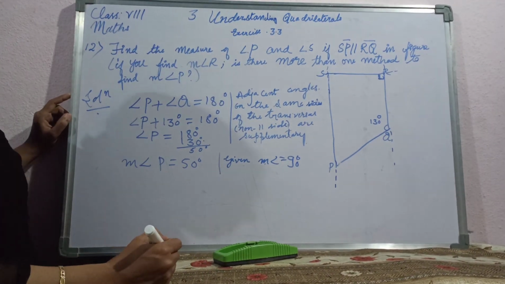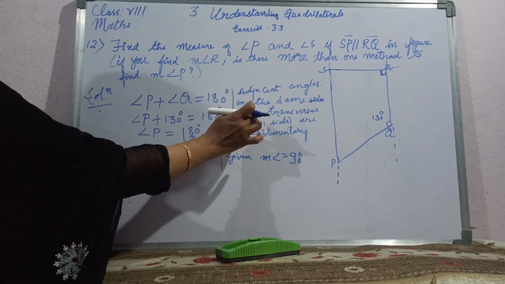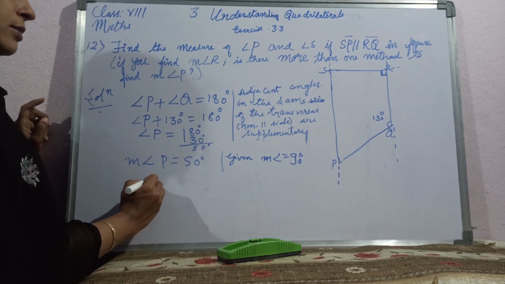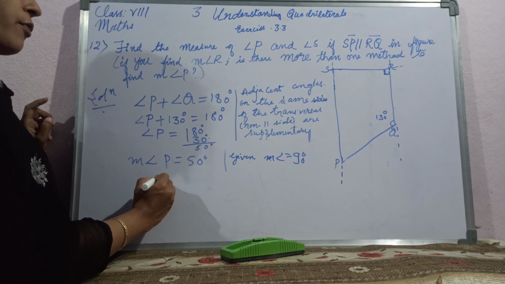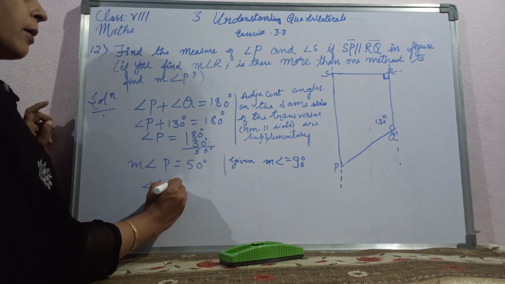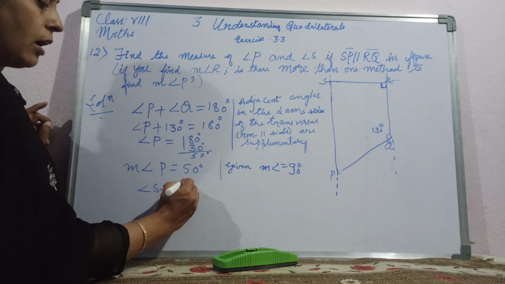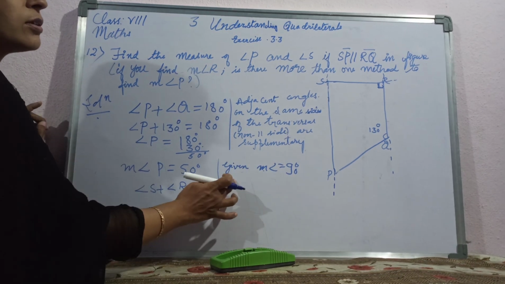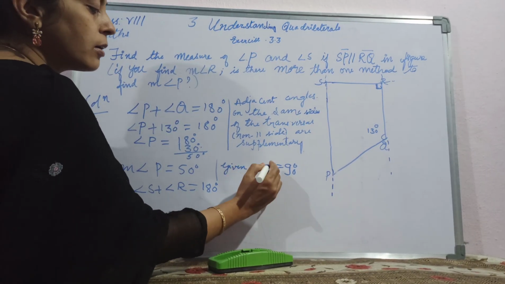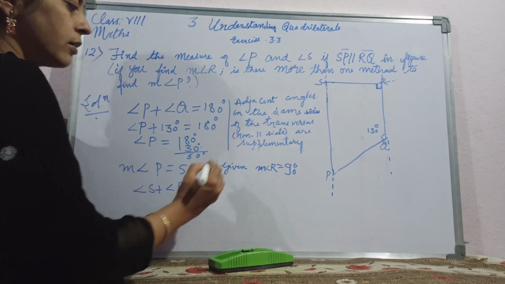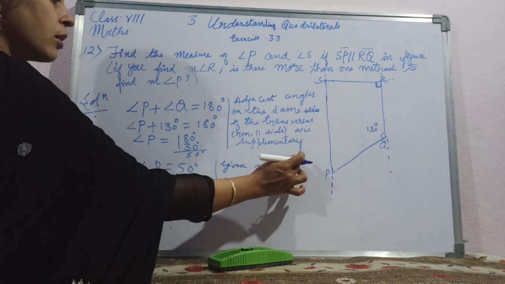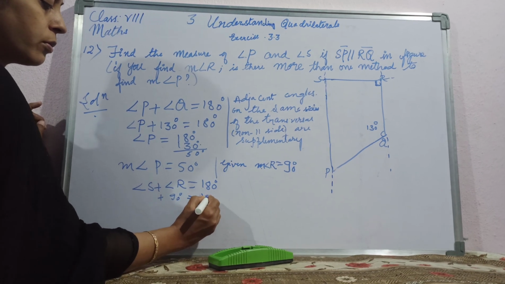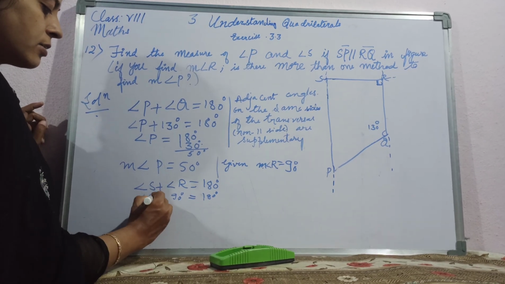So let us find measure of angle S as per the same property. Measure of angle S plus measure of angle R is equal to 180 degrees. As we know, measure of angle R is 90 degrees. So angle S plus 90 is equal to 180, where angle S is to be found.